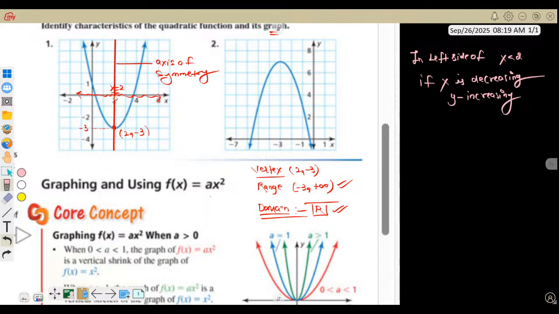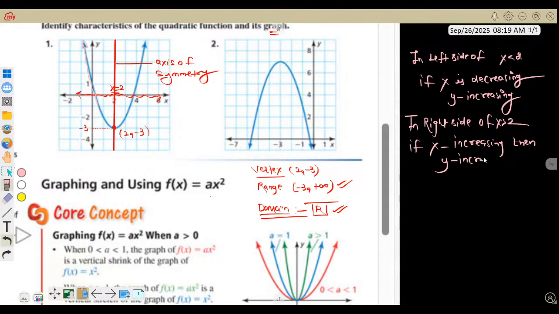You can see x is decreasing, but the graph of y is increasing. And in the right side, x greater than 2, if x is increasing, then y is also increasing. So these are the characteristics of your quadratic function.